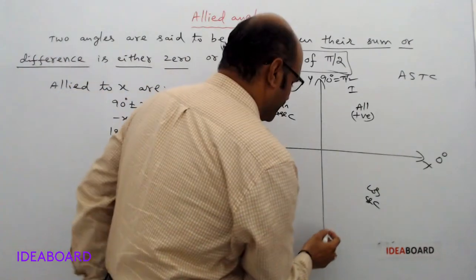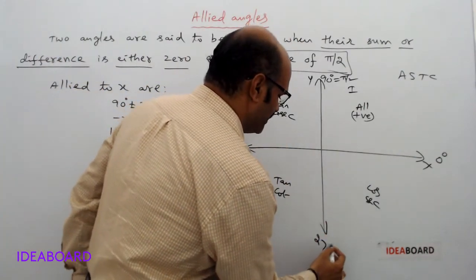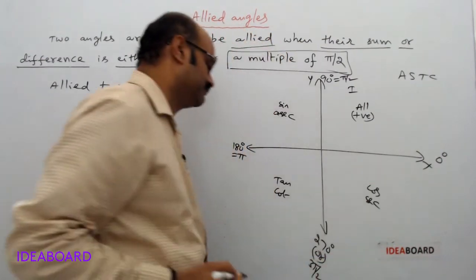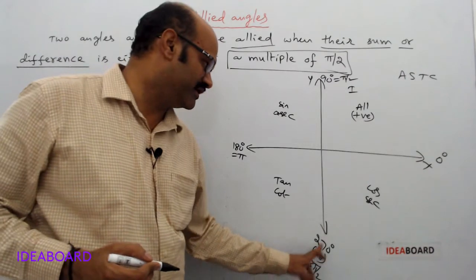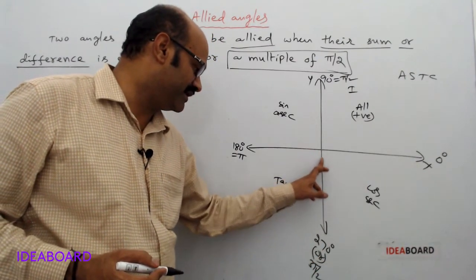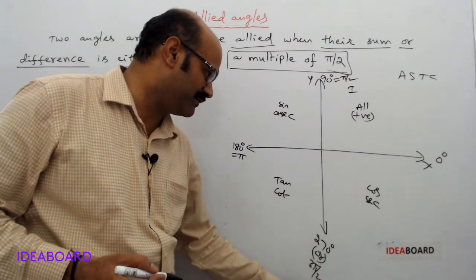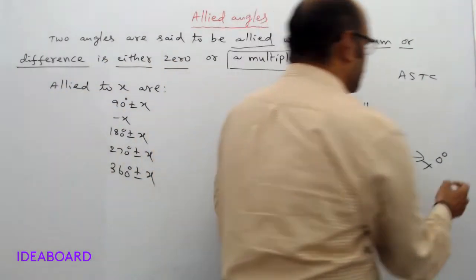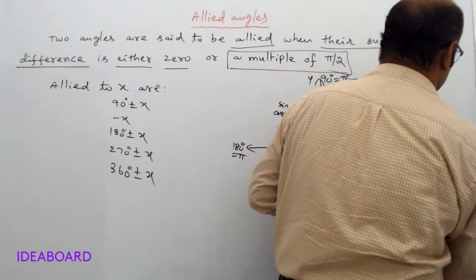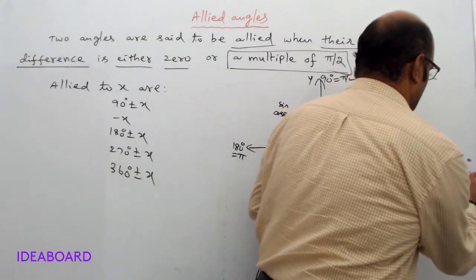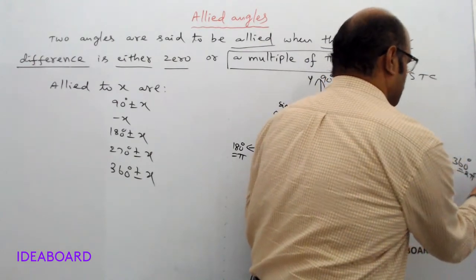When it reaches 270 degrees, when it comes from this place to this place, 180 plus 90 equals 270, or 3 pi by 2. Next, 270 plus 90 is 360 degrees, which is nothing but 2 pi radians.